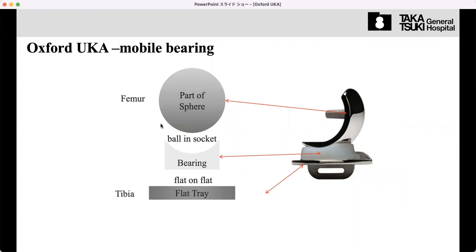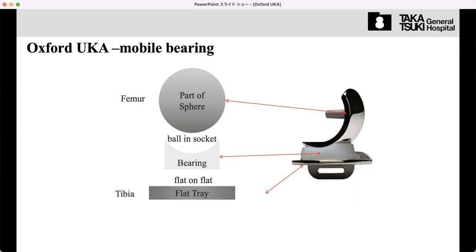In the Oxford, the femoral component is completely part of a sphere, and this makes perfect articulation with the upper surface of the bearing, like the THA.